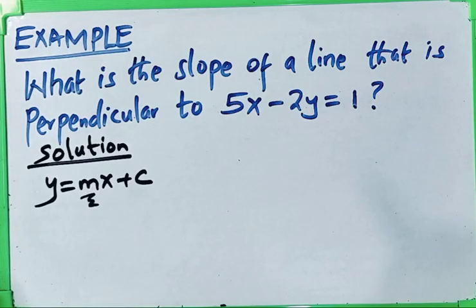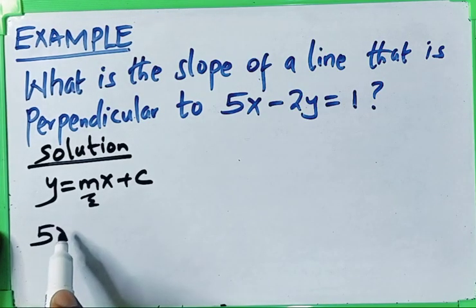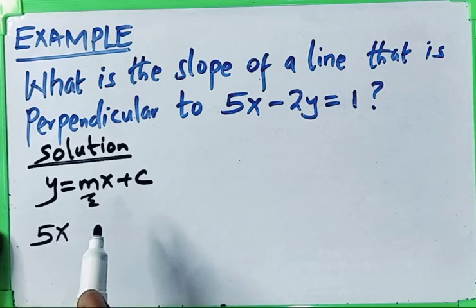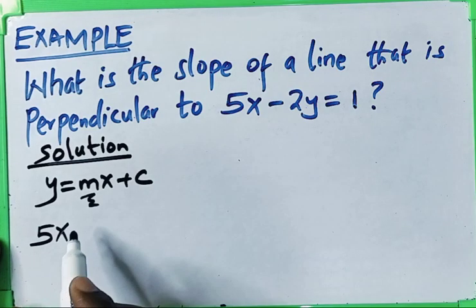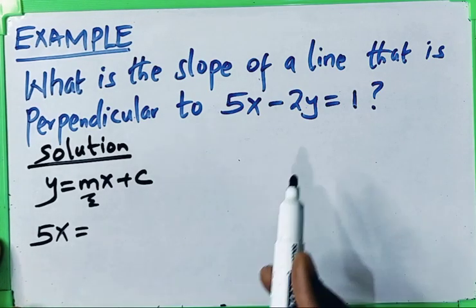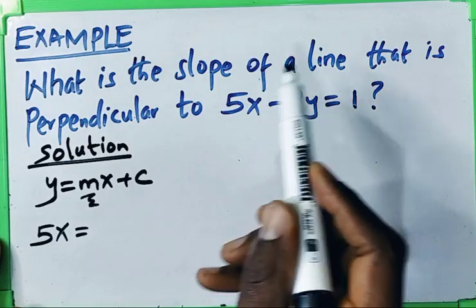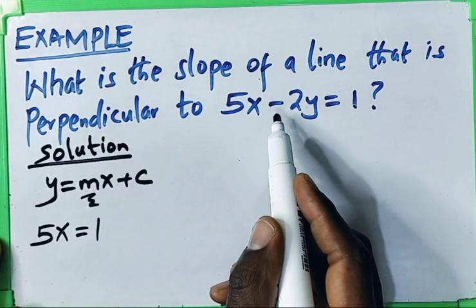So in this case we have 5x remaining on the left hand side, equals, we take the 2y to the other side of the equal sign. We already have 1. Because it's a minus here, it becomes a plus.